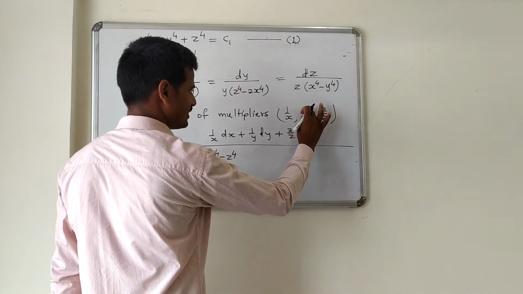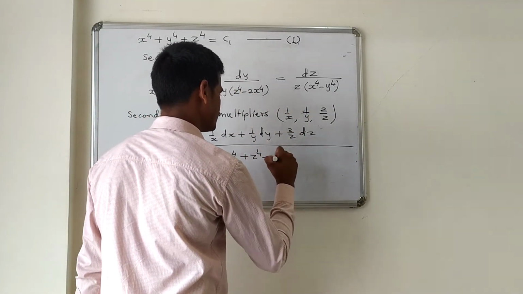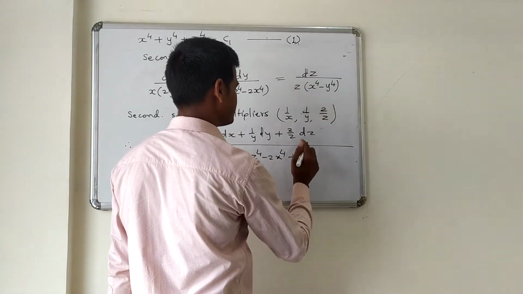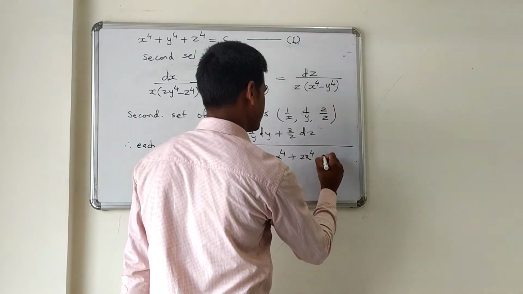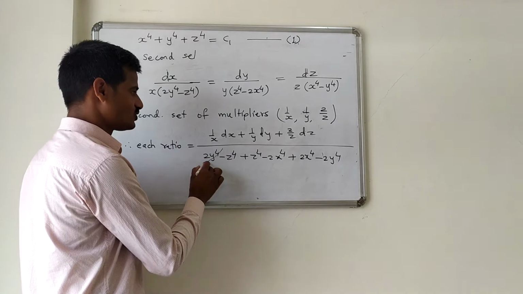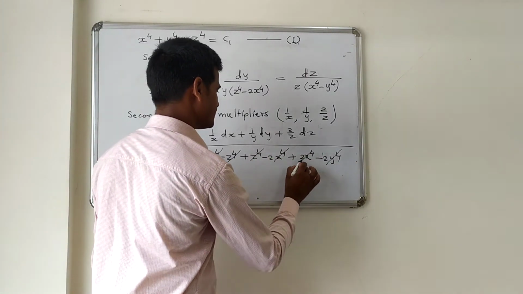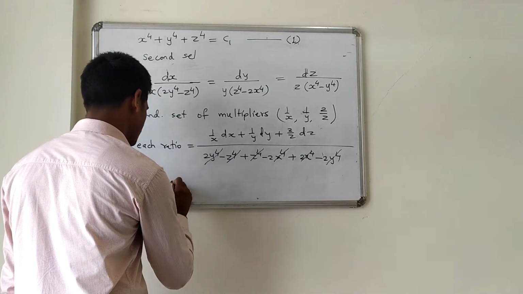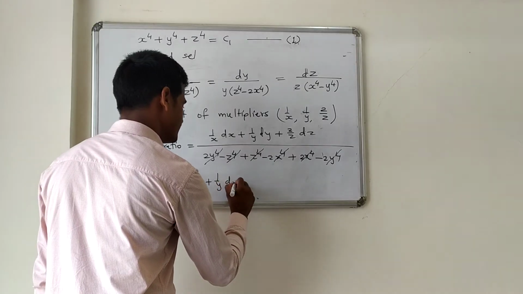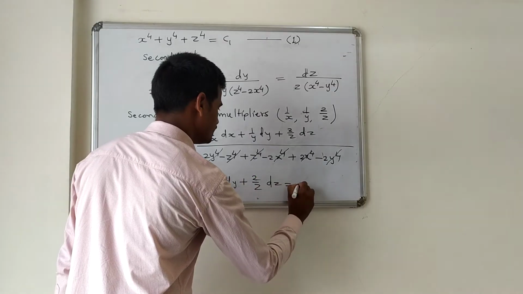Then plus 1 by y into y, that is plus z^4 minus 2x^4, and plus 2 by z, so z cancels, 2x^4 minus 2y^4. Look at the denominator: minus, plus, minus, plus, so the denominator is 0. It means the numerator has to be 0. Therefore 1 by x dx plus 1 by y dy plus 2 by z dz is equal to 0.